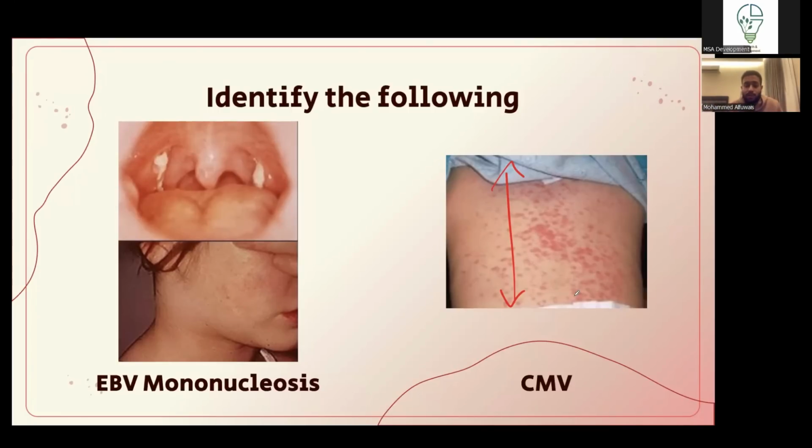EBV infectious mononucleosis happens in teenagers or early adults. CMV is usually described in an immunocompromised patient. These are these two viruses.